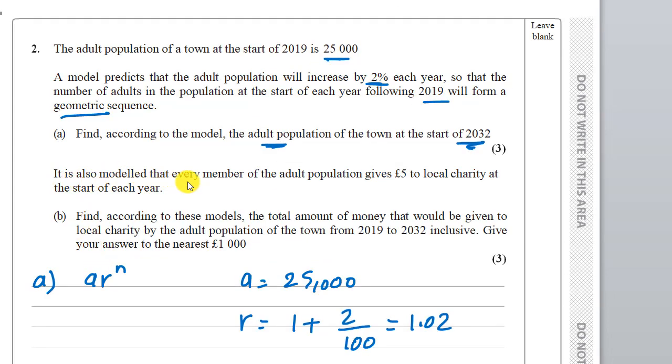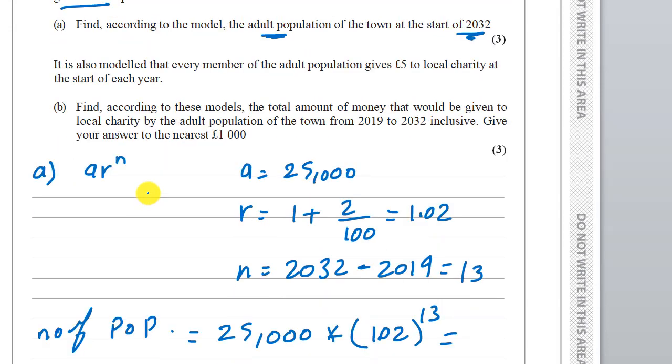It's also modeled that every member of the adult population gives £5 to a local charity at the start of each year. Find, according to this model, the total amount of money that would be given to the local charity by the adult population of the town from 2019 to 2032 inclusive, giving your answer to the nearest £1,000.